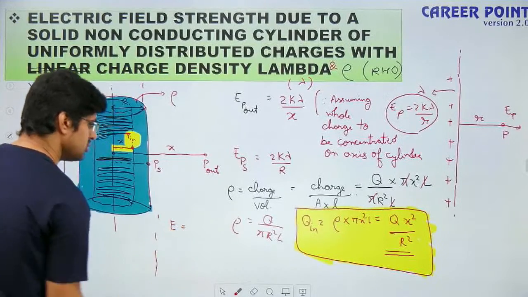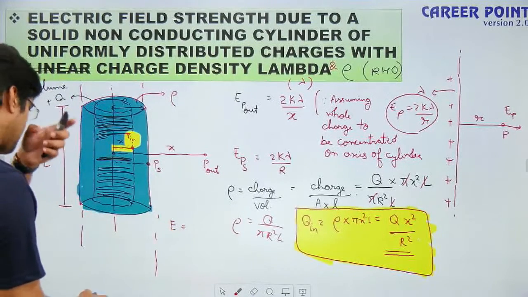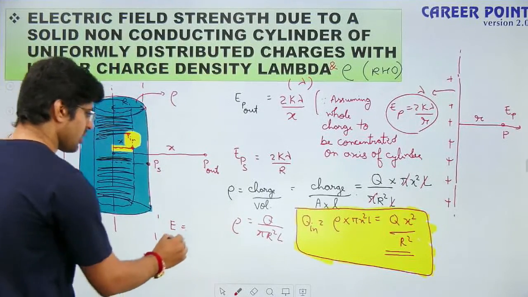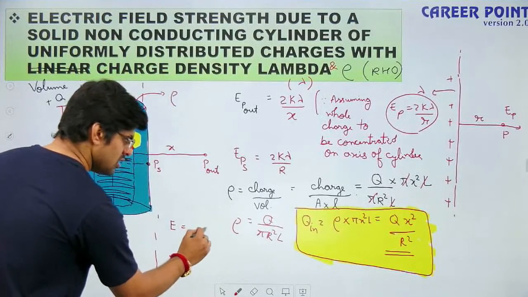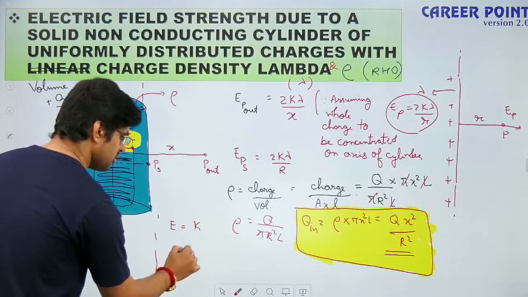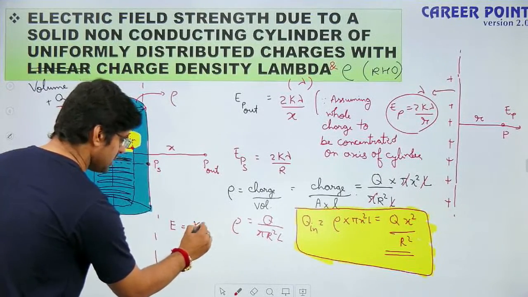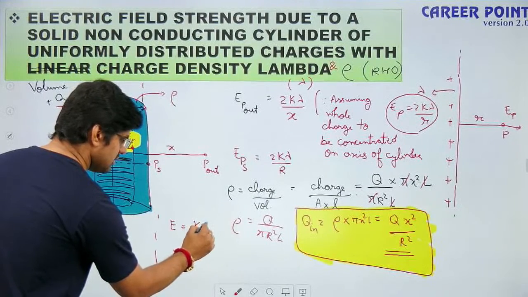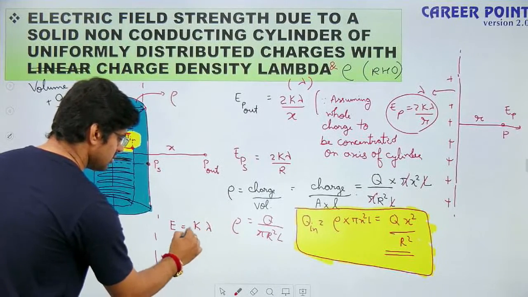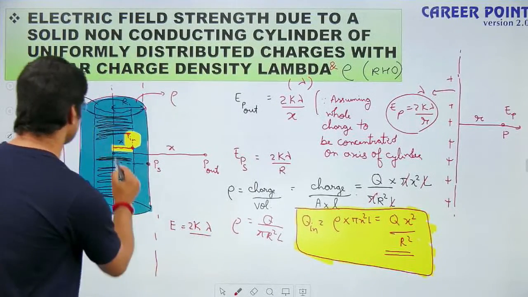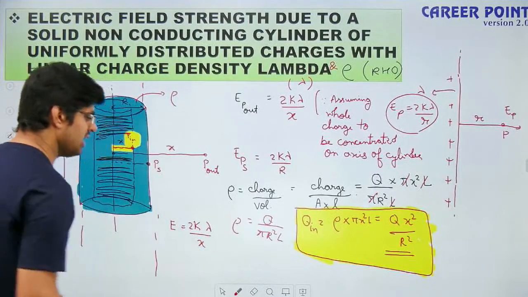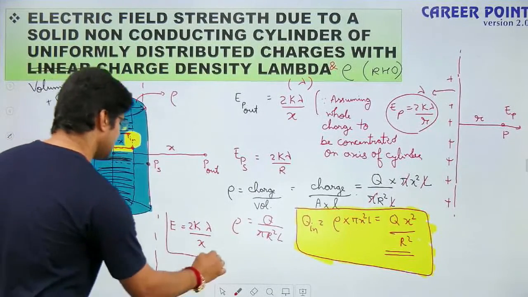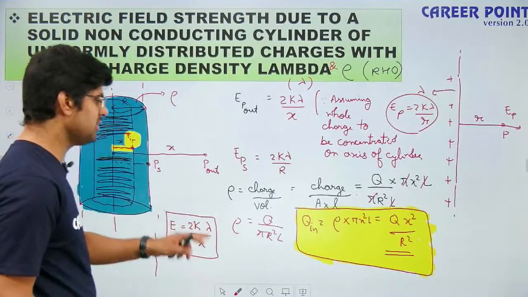The electric field is equal to 2k lambda by x. What will be lambda?